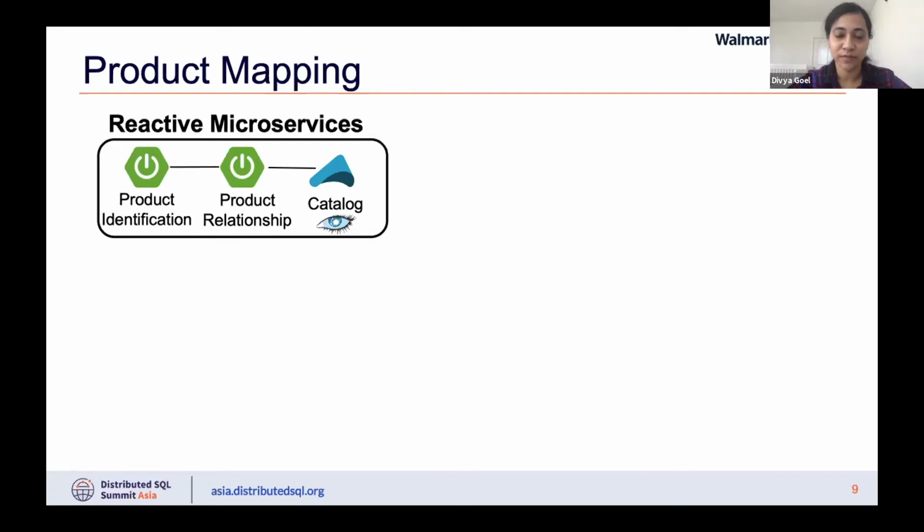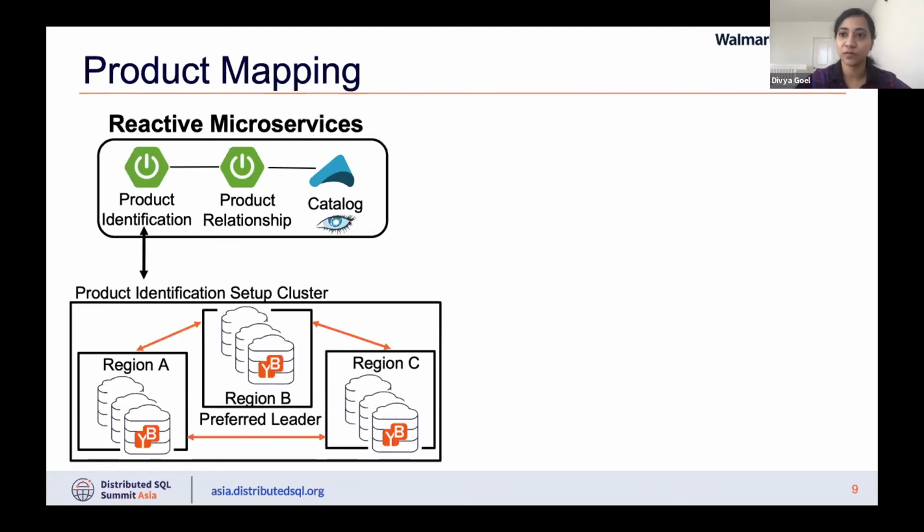The product identification service is responsible for writing to the Yugabyte cluster, where we have a 3-region cluster, with 1 region being the preferred leader. We are using a CQRS pattern for separating our read and write traffic. So we are able to get consistent product mappings for product identification through this service writing to its own set of clusters.